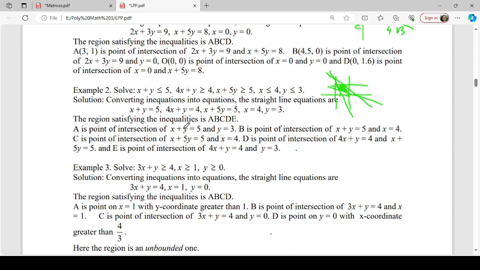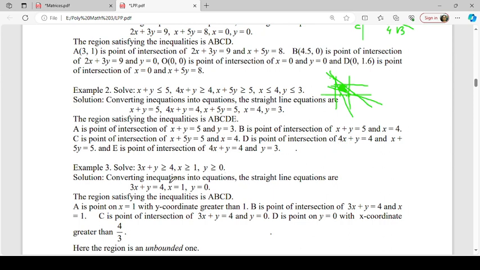So A is the point of intersection of y equal to 3 with the line; this is A, then B, C, D, E. In this way we find the solution.